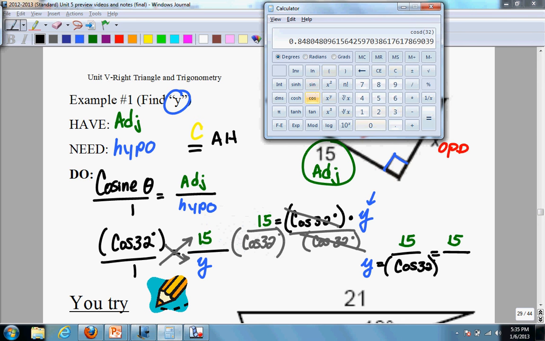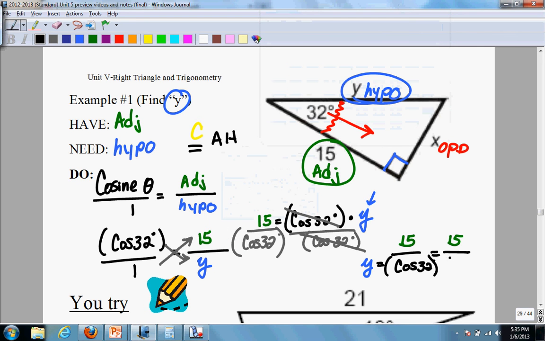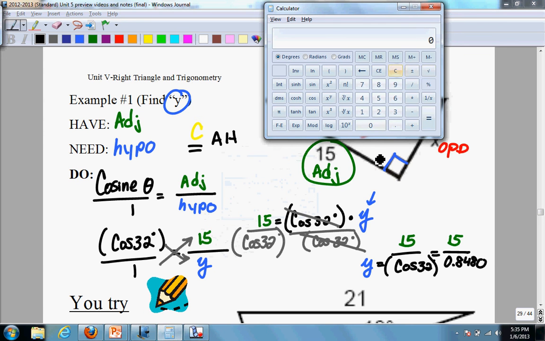I take it to the fourth decimal place, 0.8480. So to find y, I'm going to do 15 divided by 0.8480. So I clear.